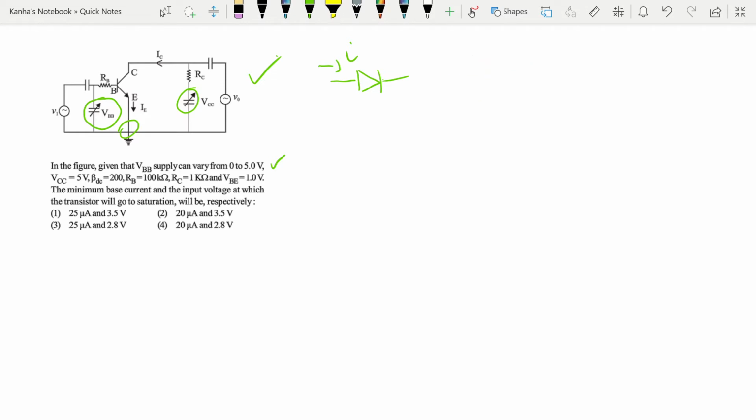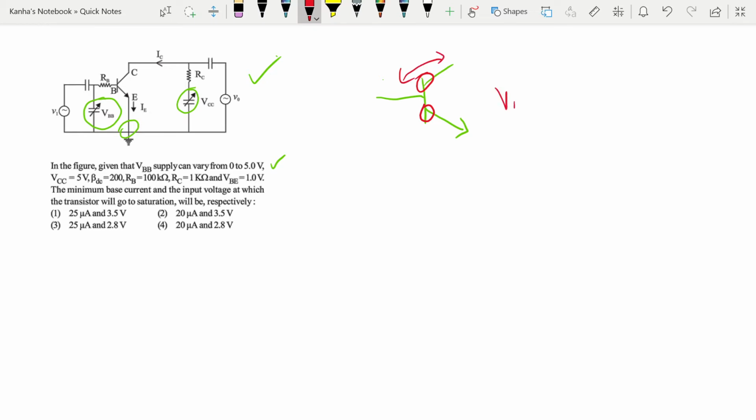Similarly, in a BJT, there are two junctions in total. For the case that is shown here, let me draw the case for you. There is one junction between base and emitter, and there is one junction between collector and base. At both these junctions, there will be a potential drop.